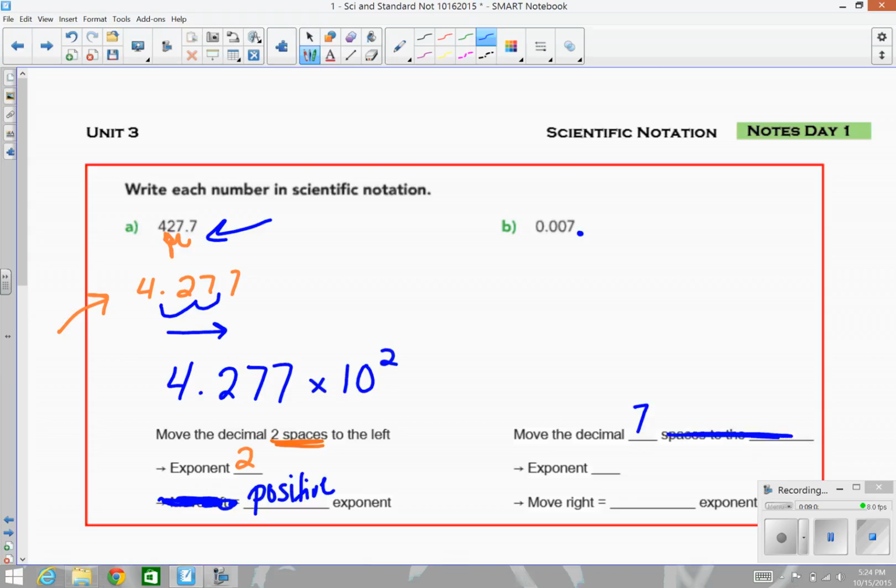I'm going to ignore this because I think it'll help us to explain it a different way. I now have 7, and to get back to where I started, I would have to move 3 spaces, right?